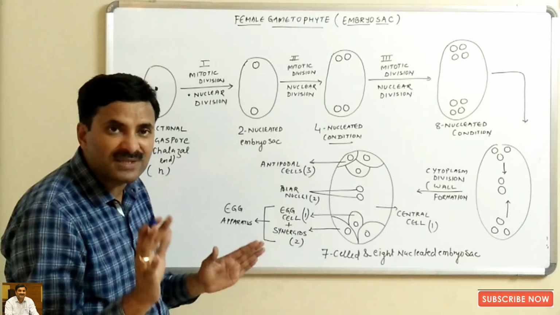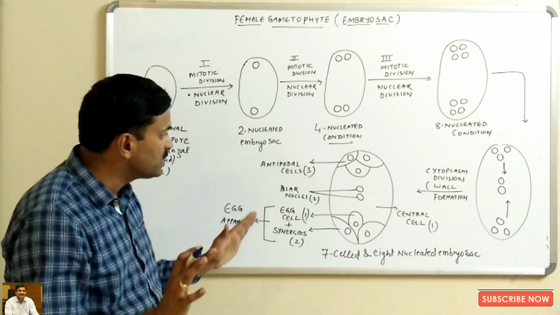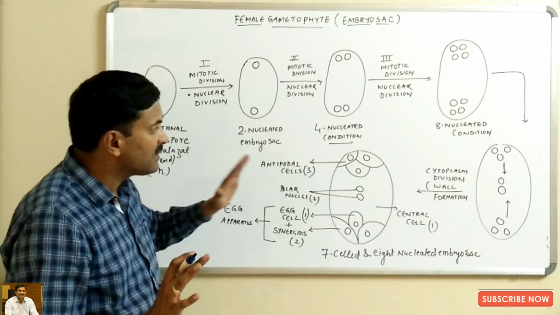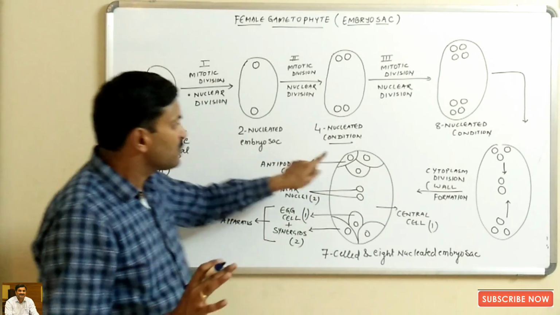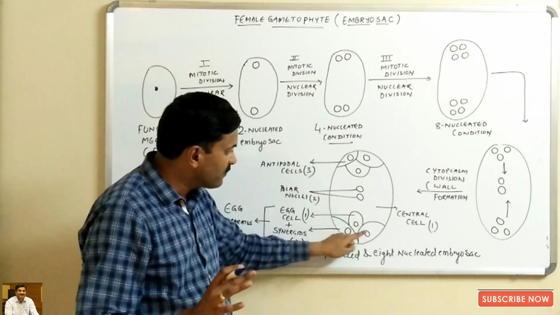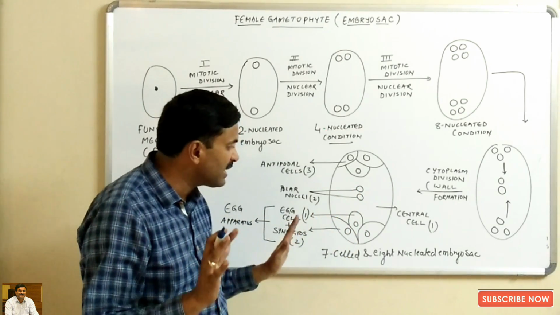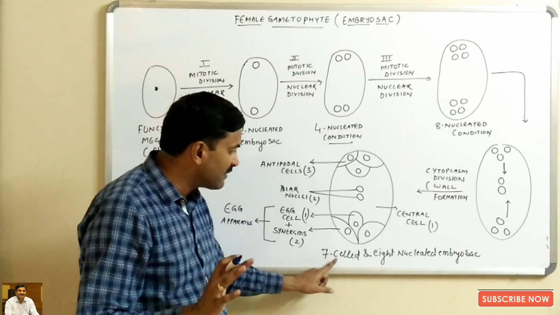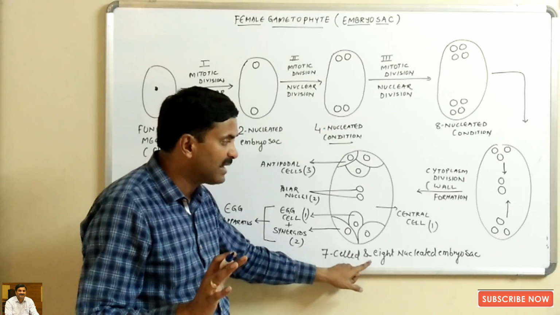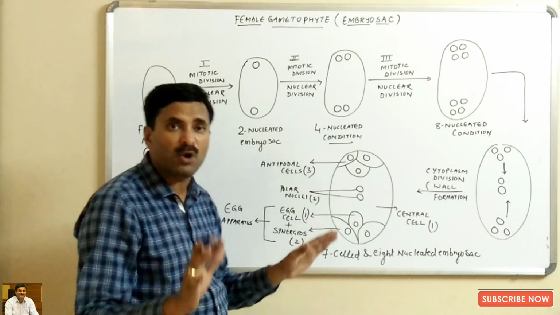So altogether 7 cells are there. Now if we count the nuclei, there are 8 nuclei: 1, 2, 3, 4, 5, 6, 7 and 8.